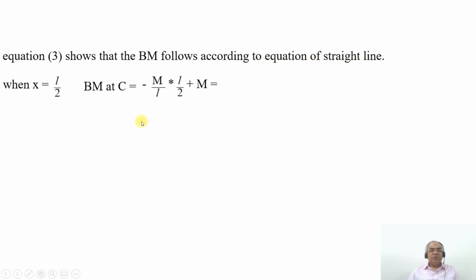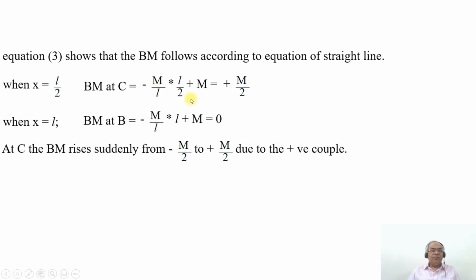When X is equal to L by 2, minus M by L into L by 2 plus M gives plus M by 2. When X is equal to L, substituting, BM at B will be equal to 0. So at C, the bending moment rises suddenly from minus M by 2 to plus M by 2 due to the clockwise couple.